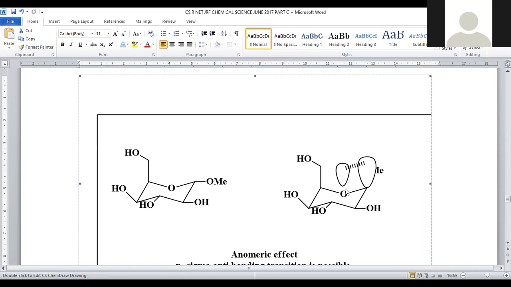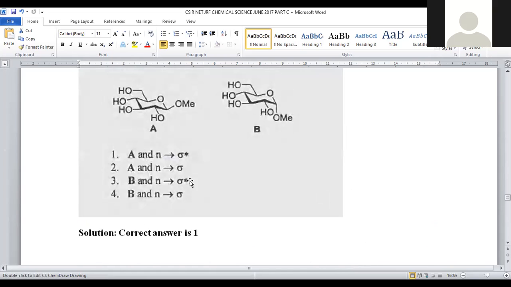So this carbon to oxygen linkage is possible. How? Oxygen having non-bonding electrons in its valence shell. Oxygen having non-bonding electrons can bond to the sigma antibonding orbital of this carbon atom. This will be the MO, molecular orbital interaction between oxygen and carbon.